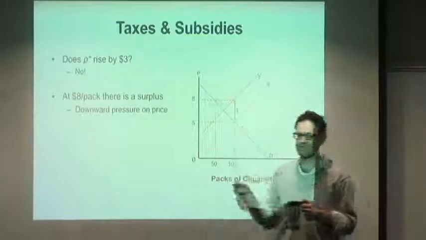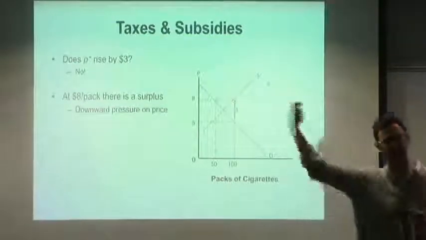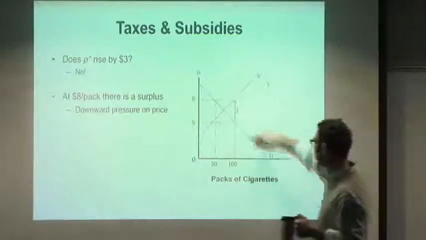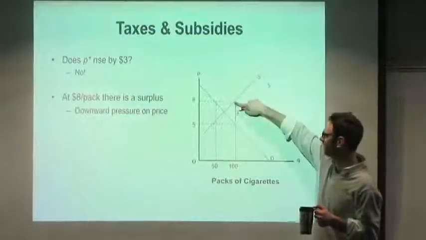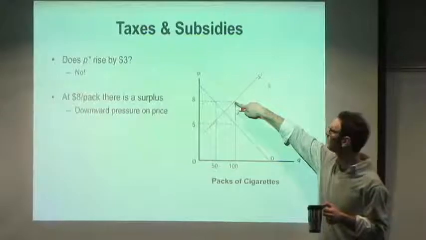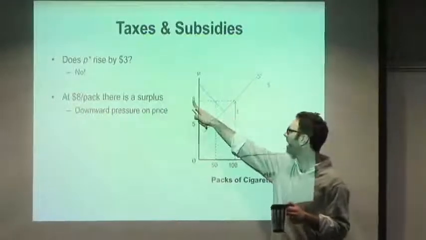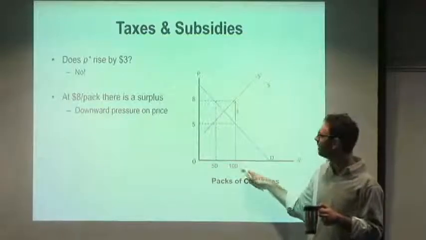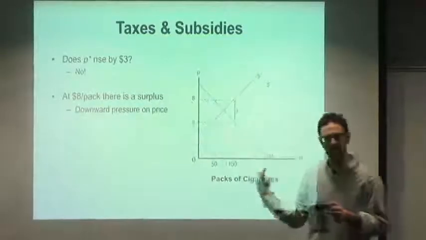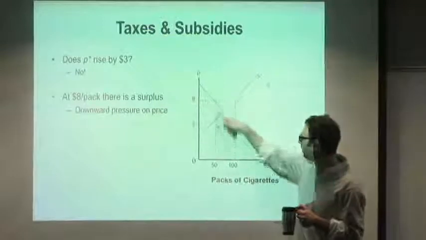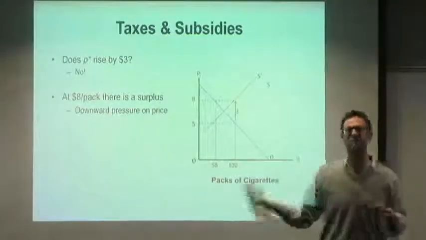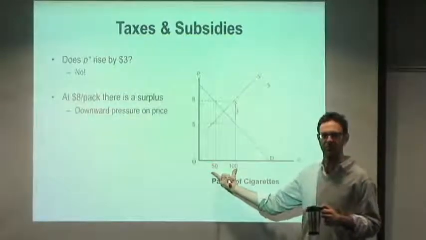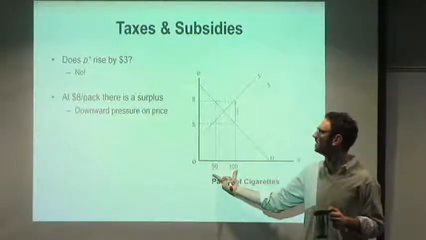But notice what happens if sellers try to pass that full $3 tax increase on to buyers, and now try to sell those 100 packs for $8 a pack. Well, at $8 a pack, sellers are willing to sell 100 packs of cigarettes, but buyers, because demand slopes downward, are maybe only willing to demand 50 packs. So we have a surplus of 50 units in this case.